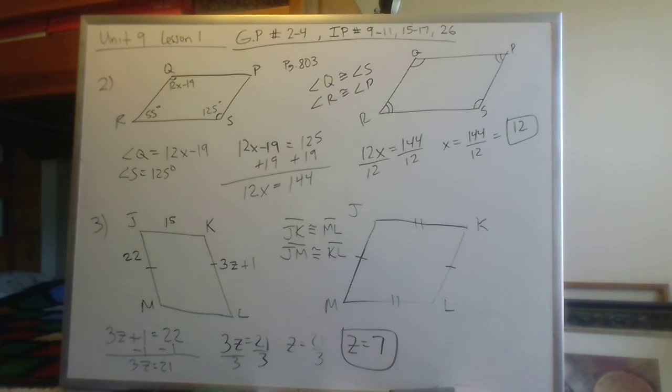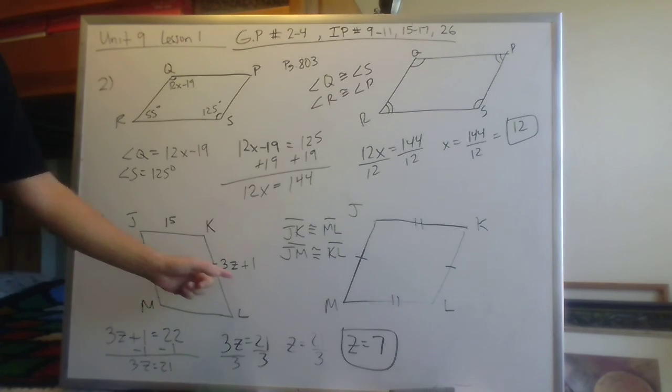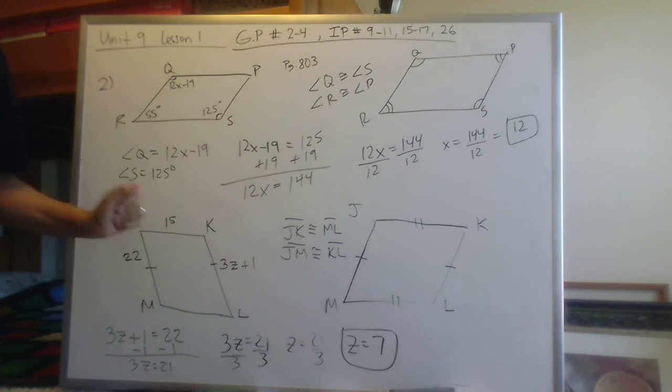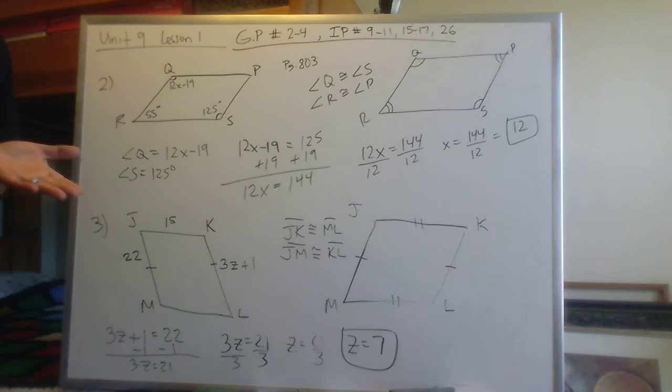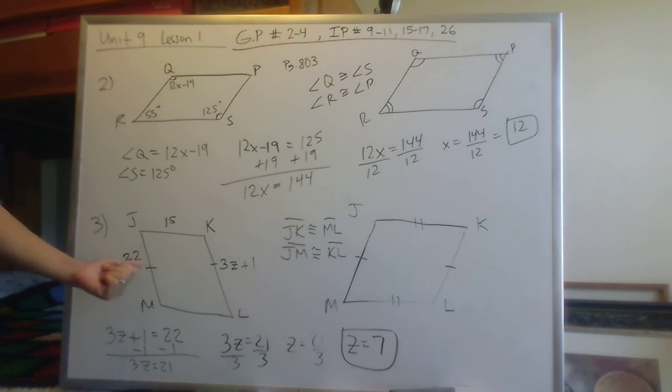So therefore, if you know two opposite angles and there's a variable, you can use algebra by setting these angles equal to each other like we did and solve. Or if you have two opposite sides, you can set them equal to each other if there's a variable and you're trying to solve for a variable on one of the sides, and then basically use algebra to find the variable just like we did.